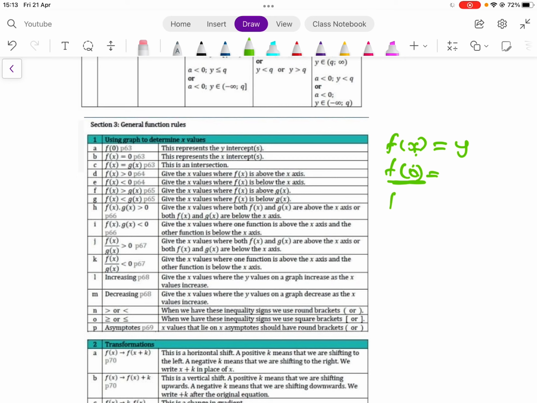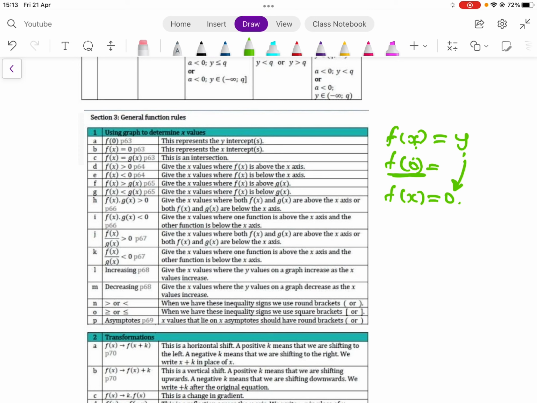And when you say f of x is equal to 0, we are basically letting y be 0, as you can see. Therefore, we are getting what we call the x-intercept. And when we say f at x is equal to g at x, basically at the point x, because these are the y values of two different functions, and for the same value of x, we are talking about the point of intersection of g and f.